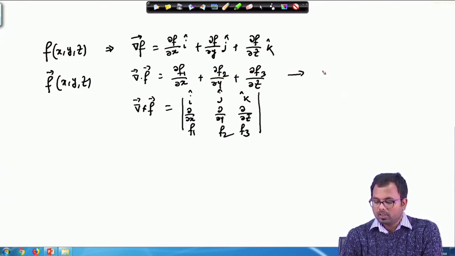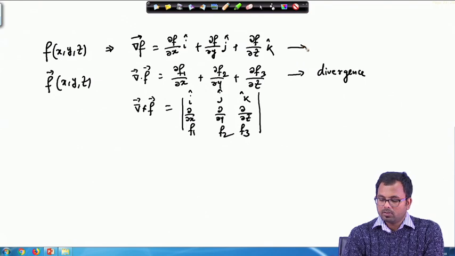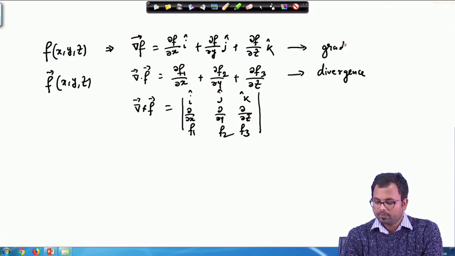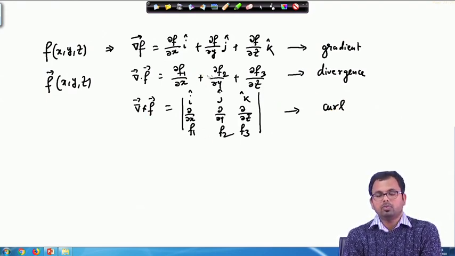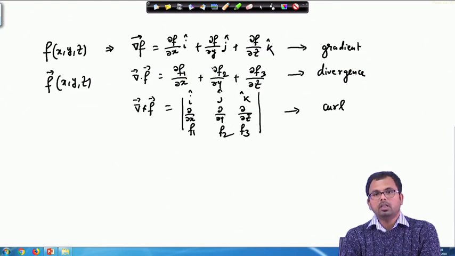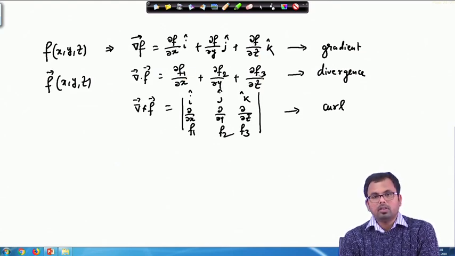This is our divergence, this is our gradient, and this one is our curl of a vector function f. Here we use the three components of the vector function f: f1, f2 and f3.